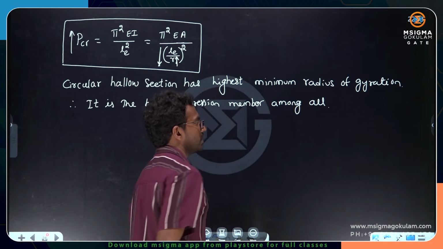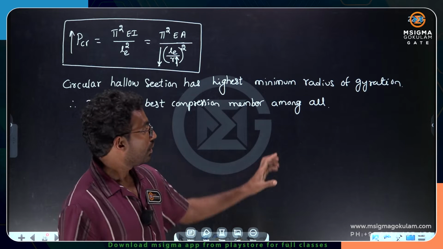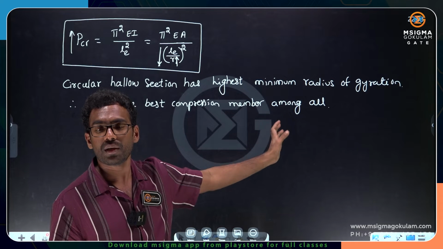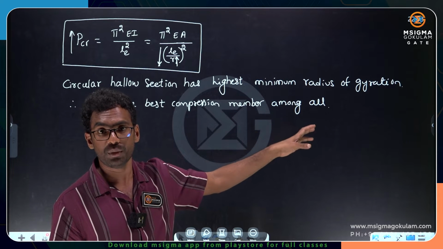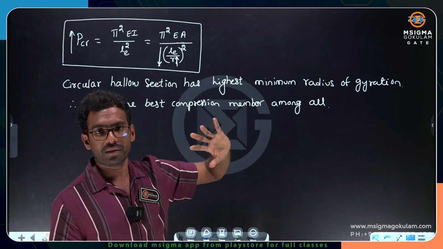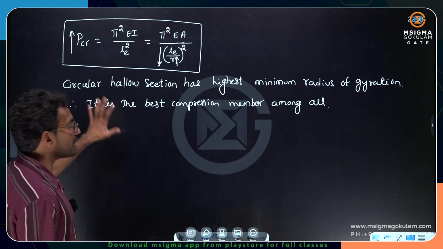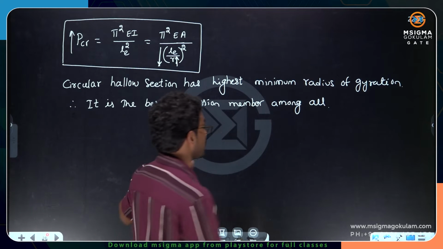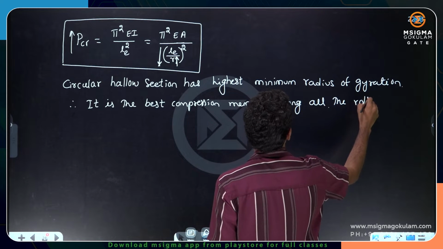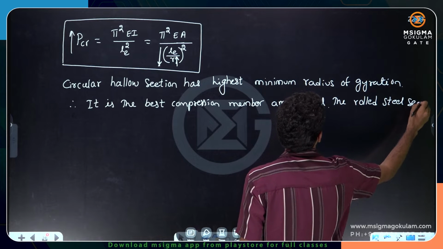So for a given cross section, not only among these three, square hollow, circular hollow and rectangular hollow, but among all the available sections of steel structures, the circular hollow section is the best compression member among all the rolled steel sections.